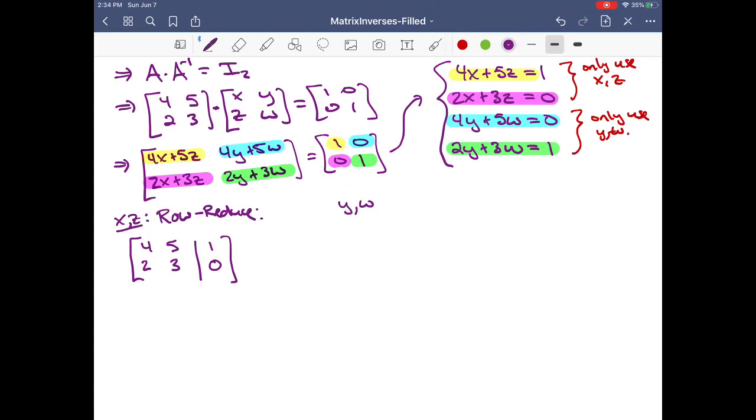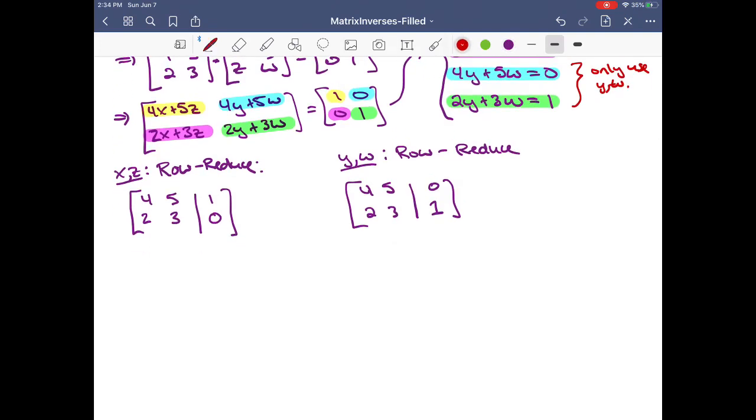For the yw system, you'd want to row reduce the augmented matrix that looks like 4, 5, and then a 0, 2, 3, and then a 1. What do you notice about these 2 systems? Well, they have the same coefficient side.